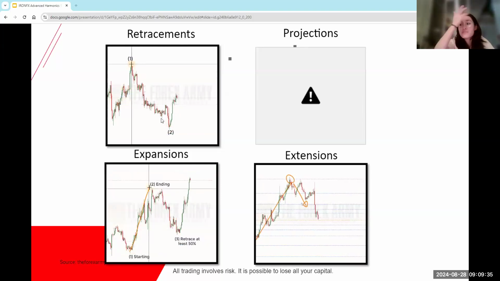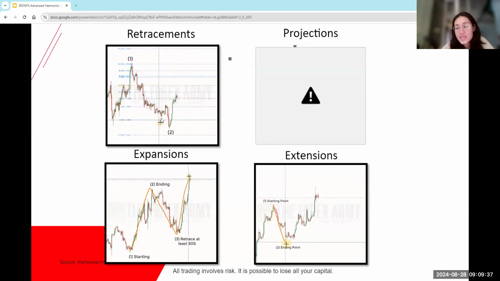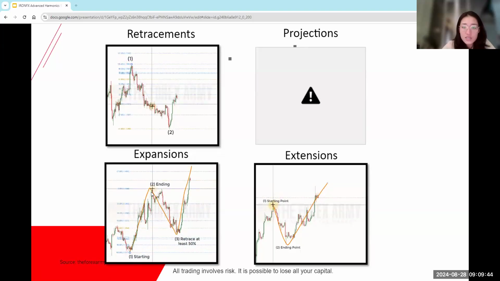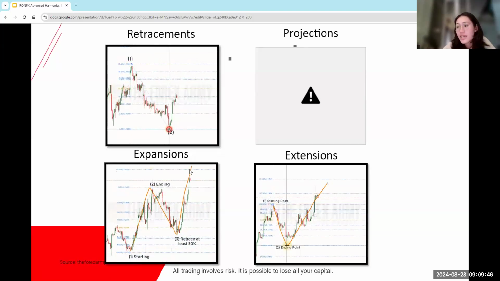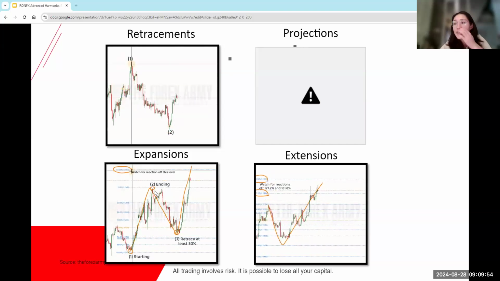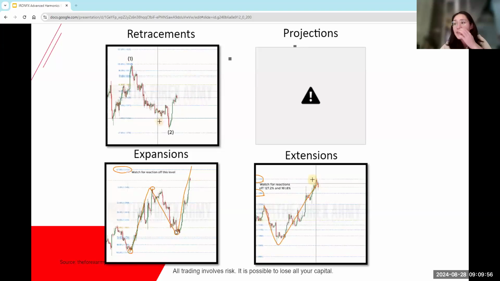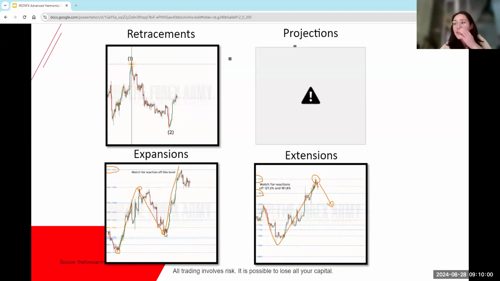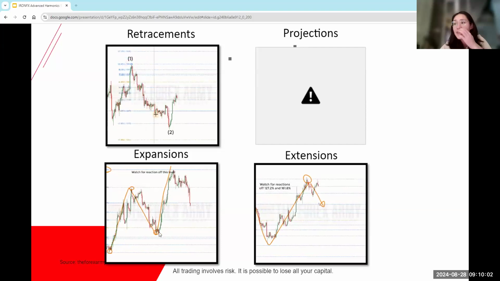For expansions, which are the levels that are less than 0%, so the negative levels, you're mainly looking at finding this lightning bolt kind of shape or like a flash symbol. And then you're taking the starting point and ending point, and you are projecting where prices are headed towards once price has fully surpassed that level here.